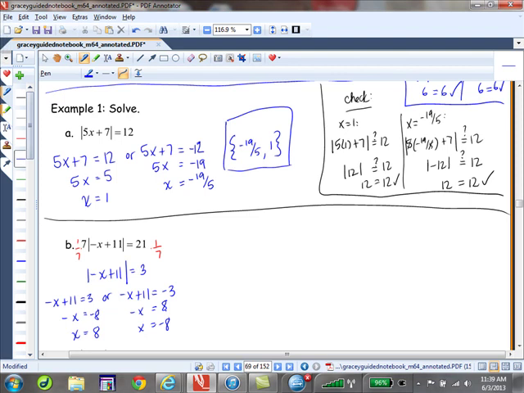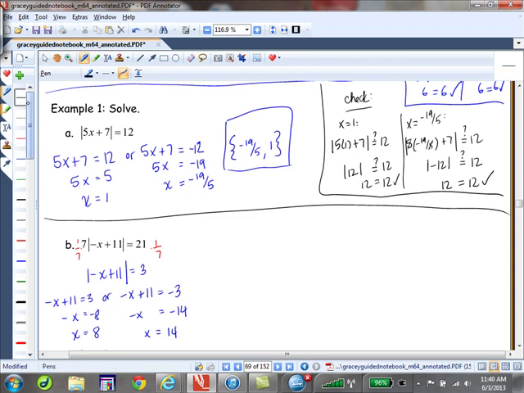Oh, my bad. Negative x plus 11 would be equal to negative 3. When we subtract 11 from both sides, we get negative x is negative 14, and multiplying both sides by negative 1 gives us x is 14.